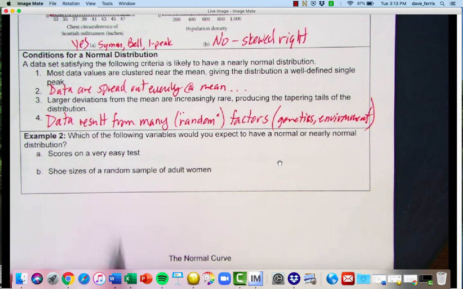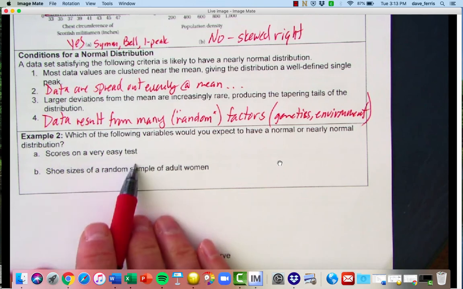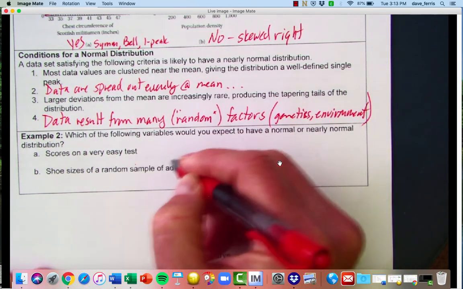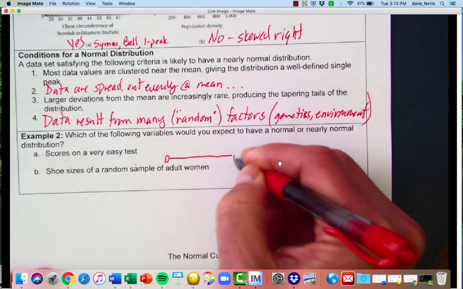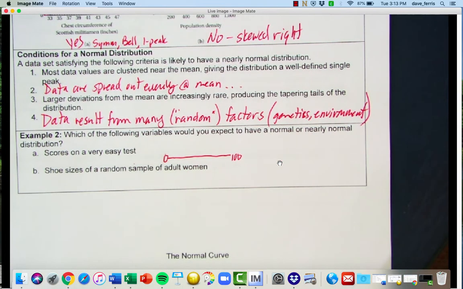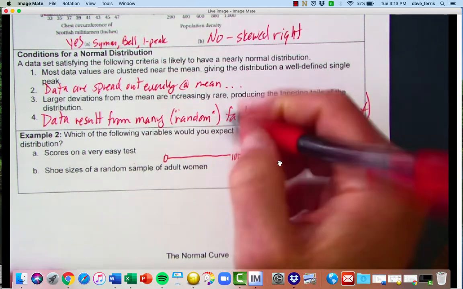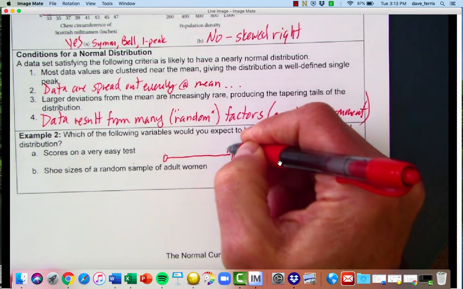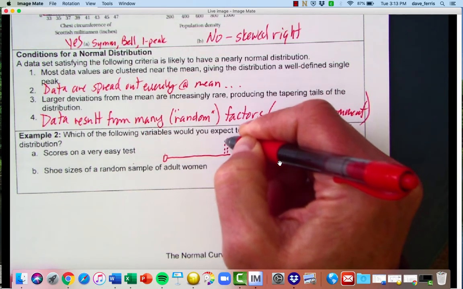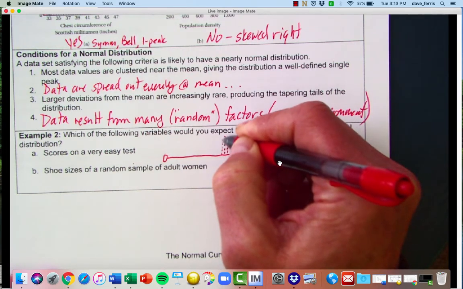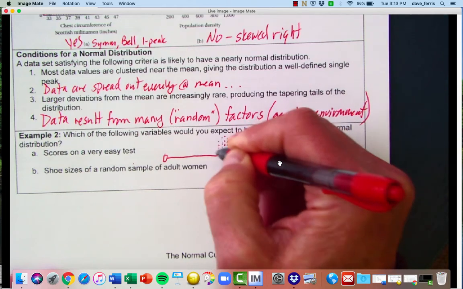And so if you think about scores on a really easy test, here's where we have to think a little bit. Imagine you've got, let's go 0 to 100%. If you're imagining a distribution of scores on a really easy test, well, if it's easy, I would imagine there's a fair amount of people that got perfect scores, and a lot of people that maybe got near perfect, and there should be a lot of scores up here in the top end.